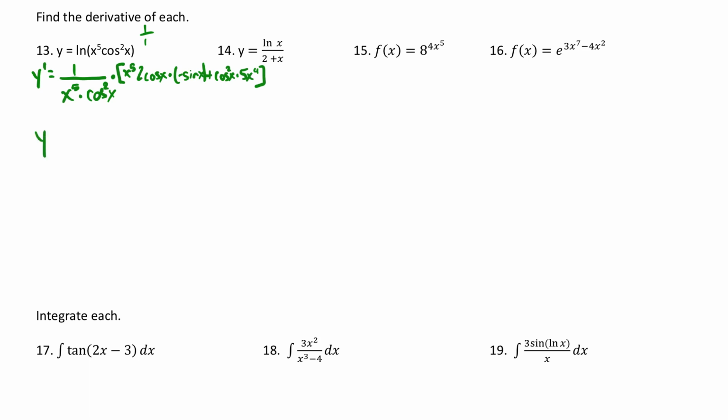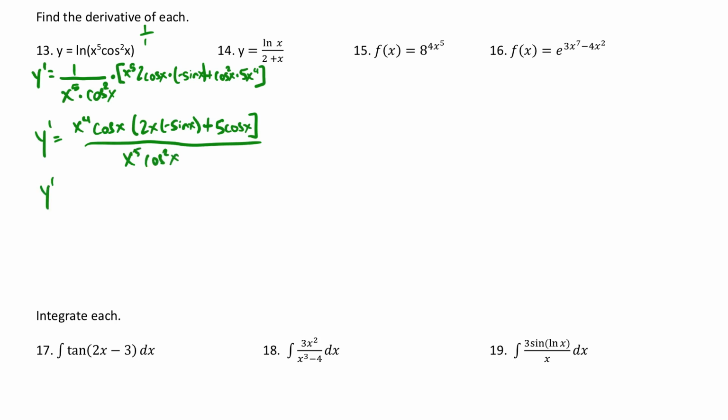So now let's just see what we can clean up out of this. So y prime will be, let's see if I could take out something. I can take out an x to the 4th, and I can take out a cosine of x, and I'll be left with 2x times this negative sine x, and then plus the 5 and the cosine x, all over this x to the 5th cosine squared x.